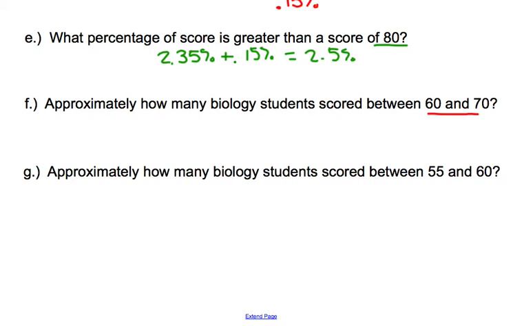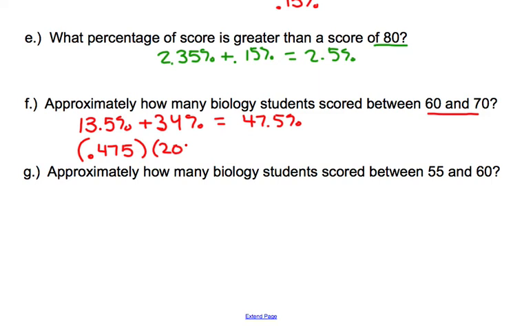So we add those, 13.5% plus 34%. And we get 47.5%. Now remember our calculator cannot do percentages, so we're going to convert this to a decimal, so 2 places to the left. And there were 2,000 total freshmen. So you multiply it by 2,000, and we get 950 students scored between a 60 and a 70.